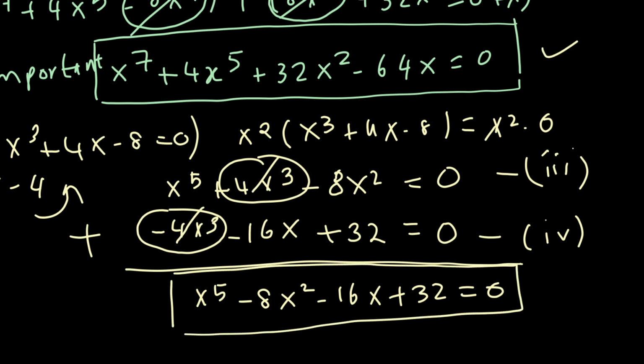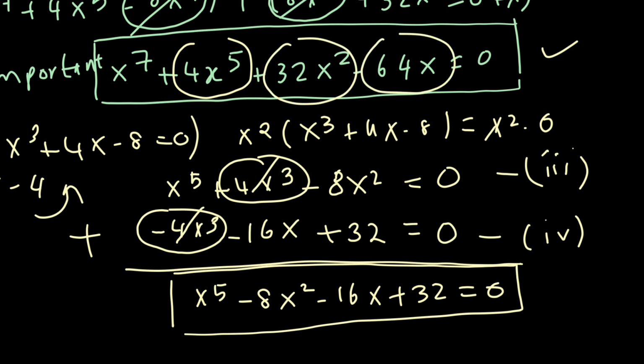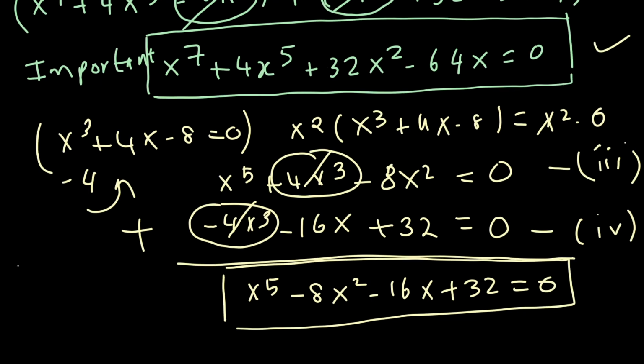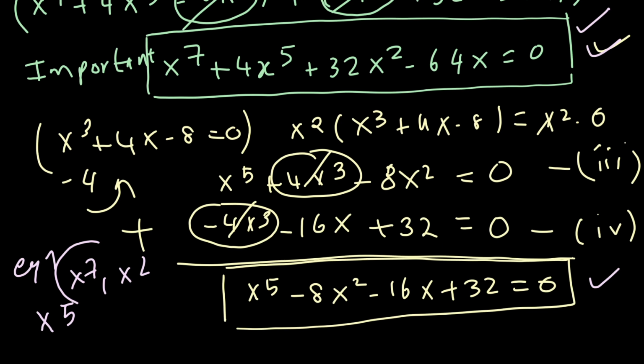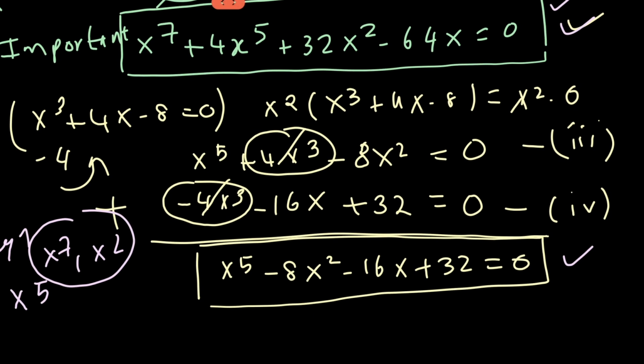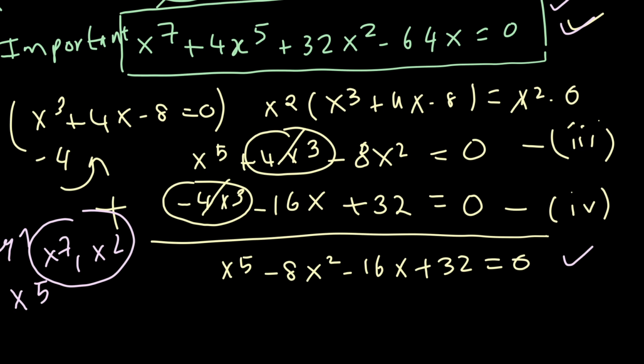In this we have 4 times x to the power 5 positive 32x square negative 64 times x. Now as we have discussed before, we have to get an equation in terms of x to the power 7 and x square. So I can say that using both these equations, the only thing possible is to get an equation in terms of x to the power 7 and x square. And to do so, I will simply multiply this equation that we have just got by 4. So this thing will turn out to be 4 times x to the power 5. 8 into 4 will become negative 32.